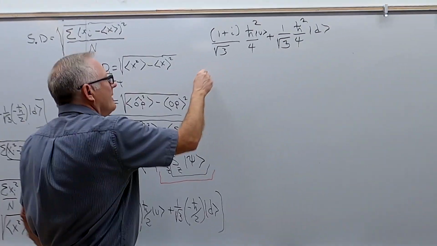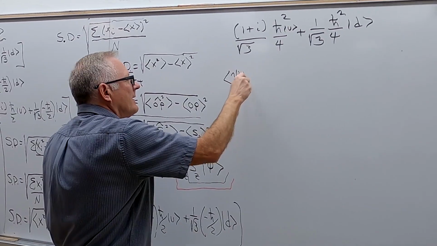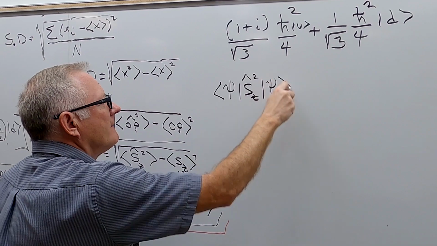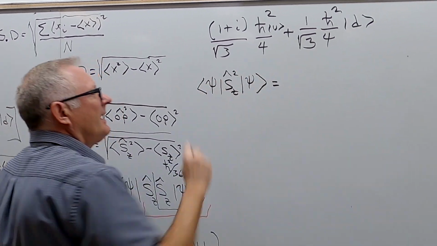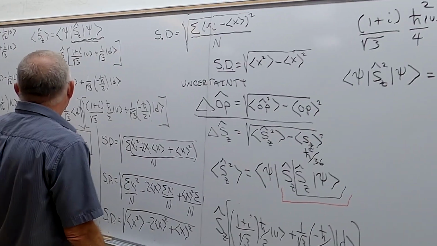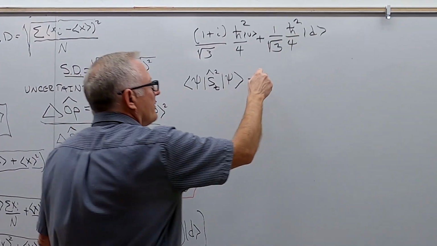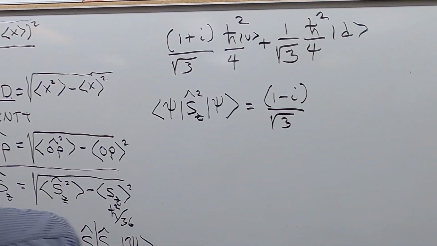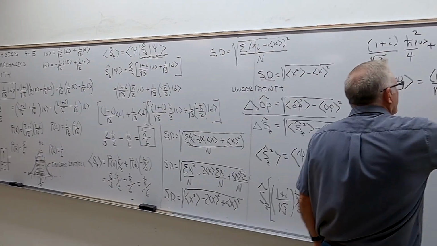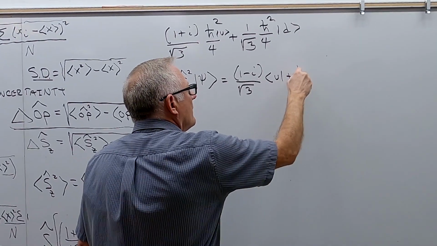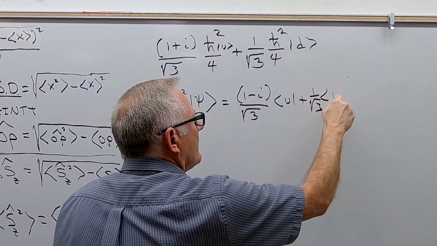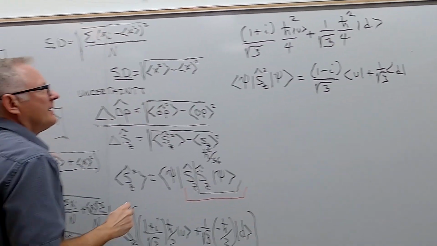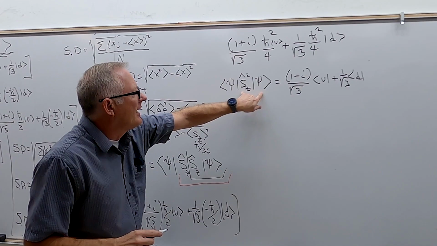So now we've got psi S_z squared psi is equal to my bra first, 1 minus i over the square root of 3, up plus 1 over the square root of 3, down. Okay, so that takes care of this, and then we have that.